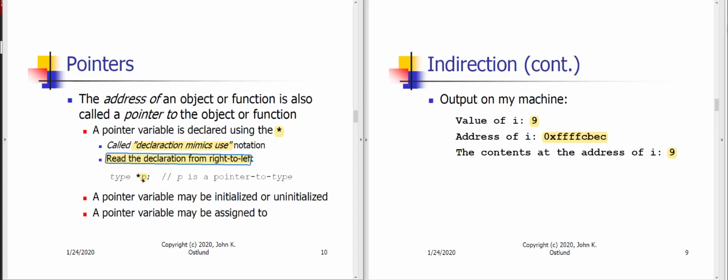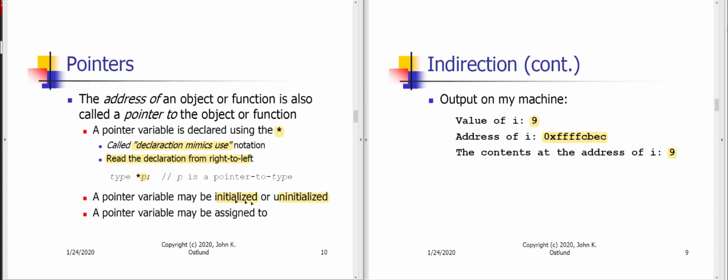All right, so this declaration here says that P is an object, it's a variable, whose data type is pointer to some type, like pointer to int, pointer to baboon, pointer to double, pointer to char, whatever it might be. Like any other object, the variable can be either initialized or uninitialized.